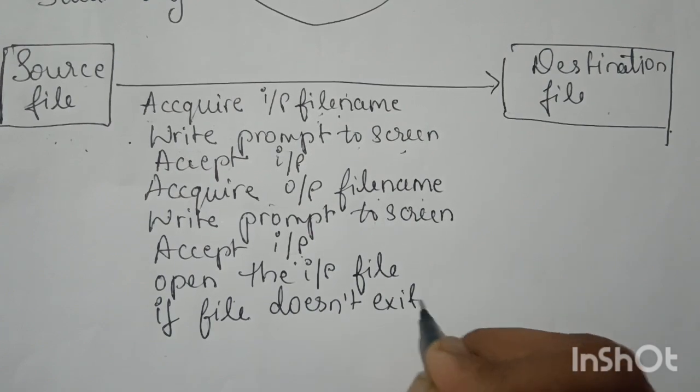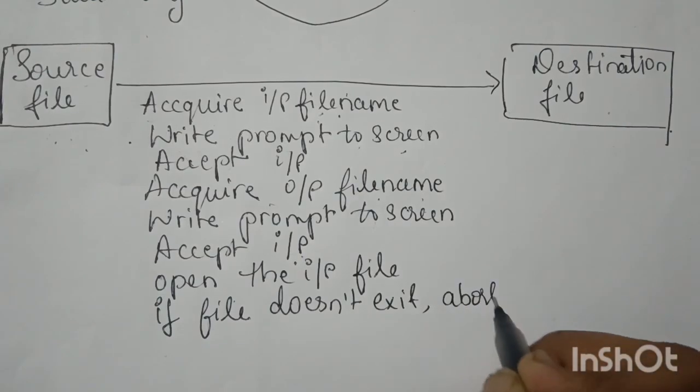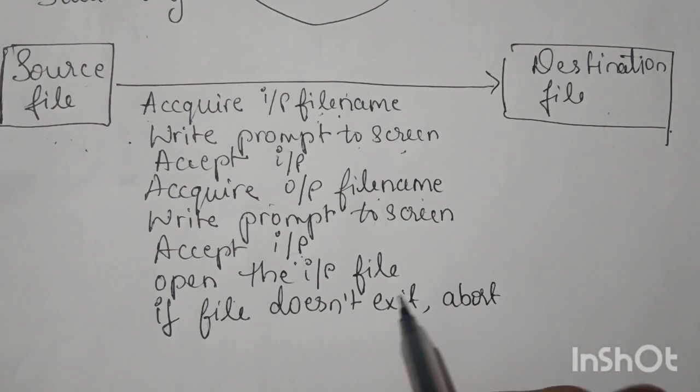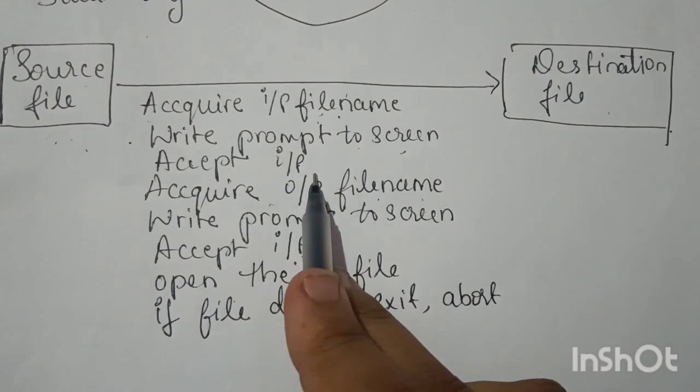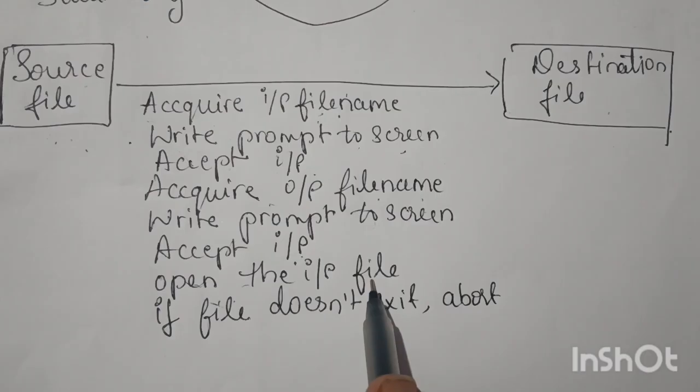If the file doesn't exist, then what do we have to do? We have to abort. That means the operating system accepts your input and searches when you call the open system call. Maybe it did not find that file anywhere in your system, so it will abort, it will not open.